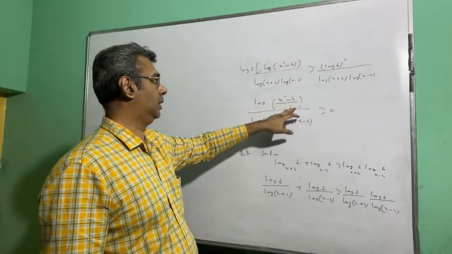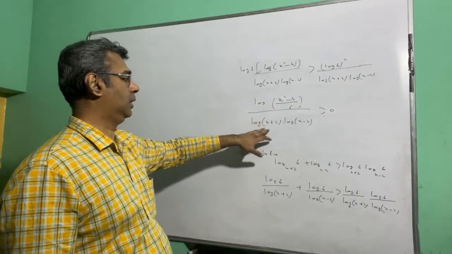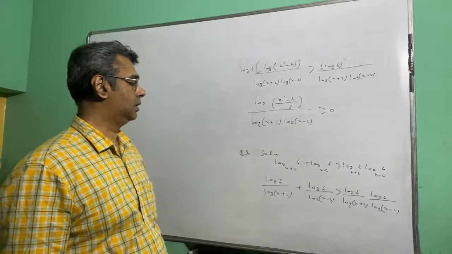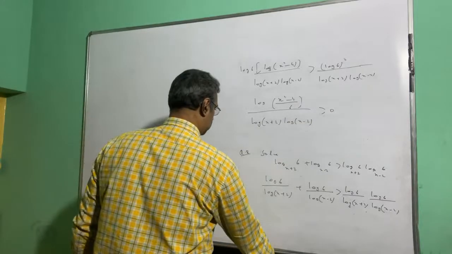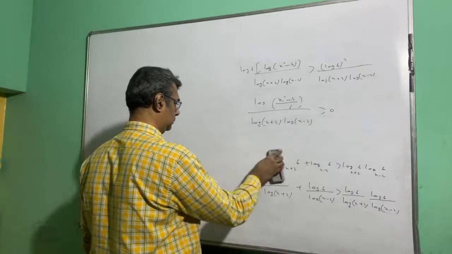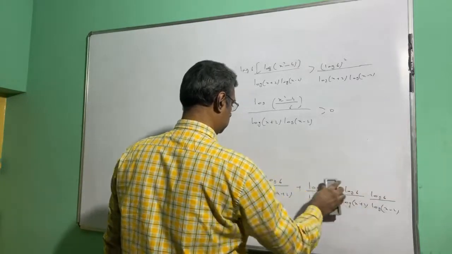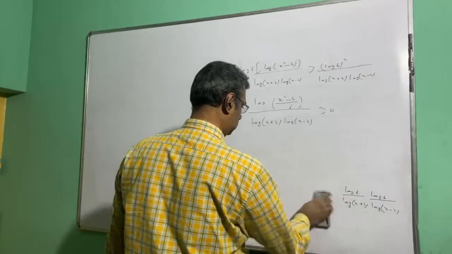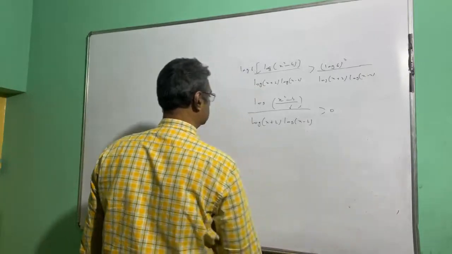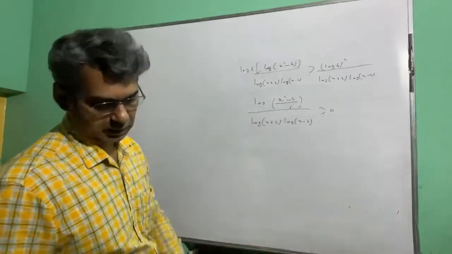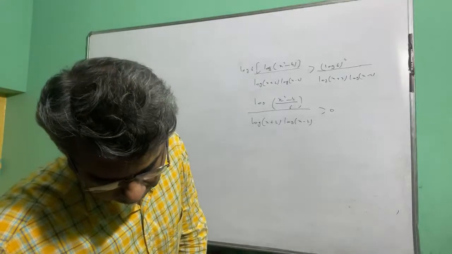So log x square minus 4 by 6 divided by log x plus 2 into log x minus 2 is greater than 0. Okay, so this is our inequality right now.